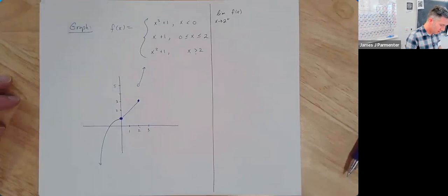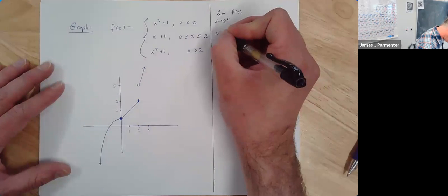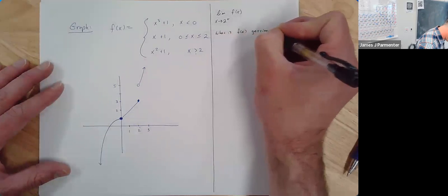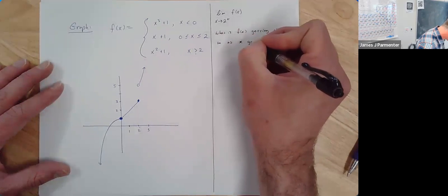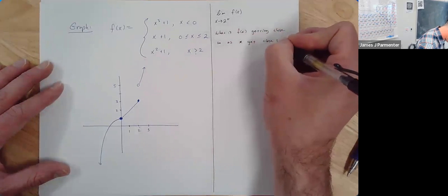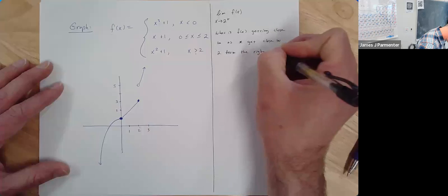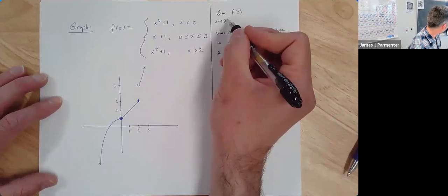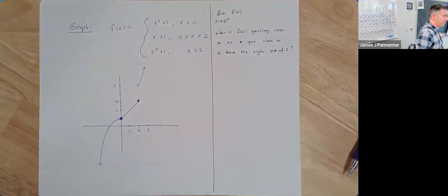So what does this really mean? It means, what is f of x getting close to as x gets close to 2 from the right side of 2? That's what the little superscript plus sign means: you're approaching 2 from the right side, the bigger than 2 side. And the little minus sign means the left side of 2, the less than side.